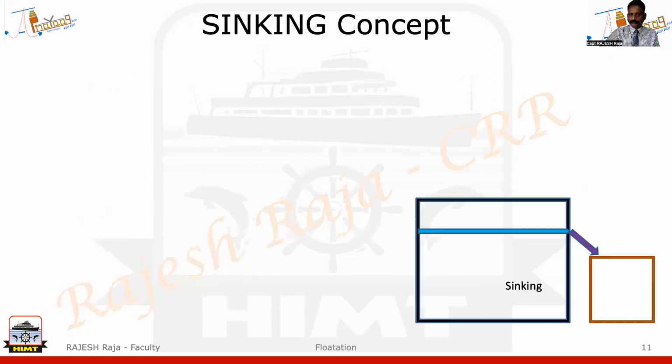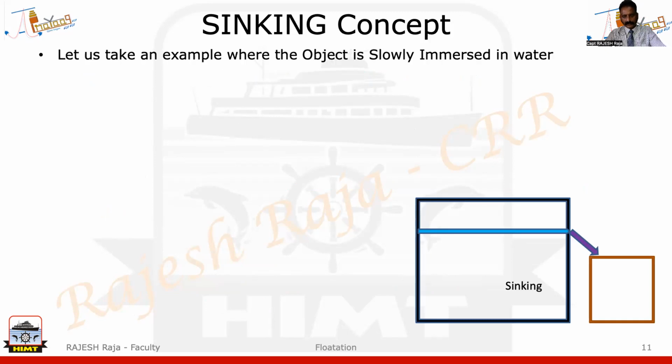I'm going to quickly show you a concept, which I call the sinking concept, because if you know why it is floating, you should know why it is sinking also. I'm going to continue a similar experiment. I'm going to slowly immerse an object. Let us say the object was 10 tons, of some other shape. The shape depicted here is just for example.